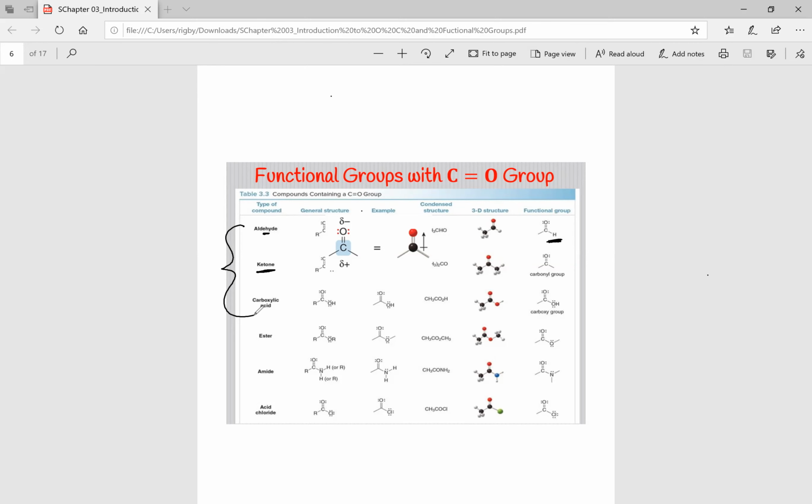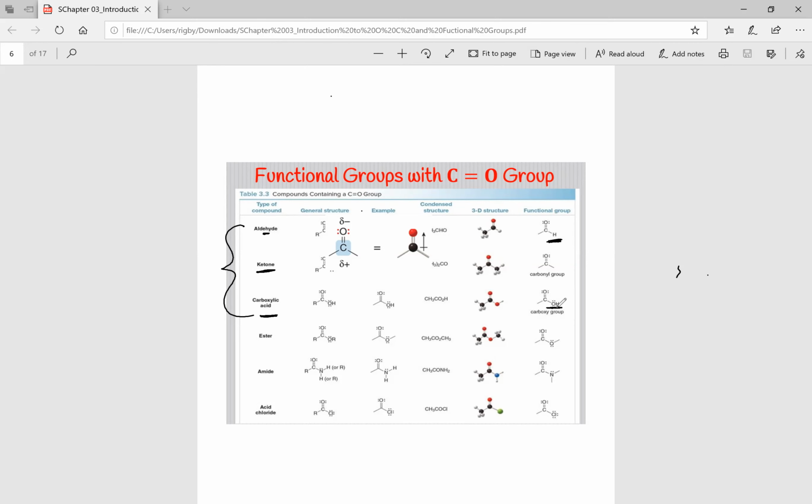Where aldehydes, we have that H in the name, so it's going to have an H attached to its carboxy carbon. A carboxylic acid, we think of this as acidic, and generally acidic things have a proton to donate. And remember, when we were talking about acid bases, an OH is more acidic than a CH.